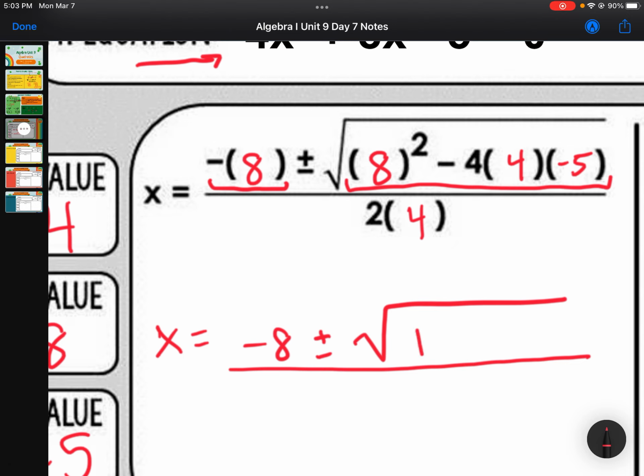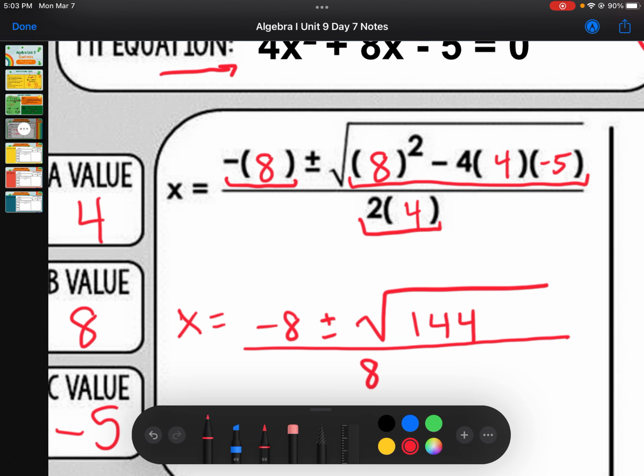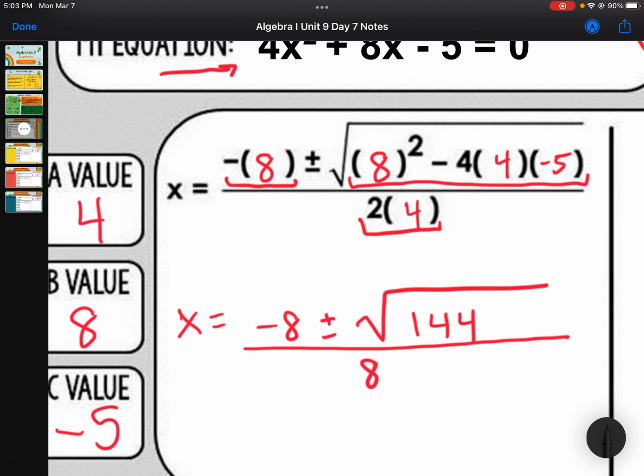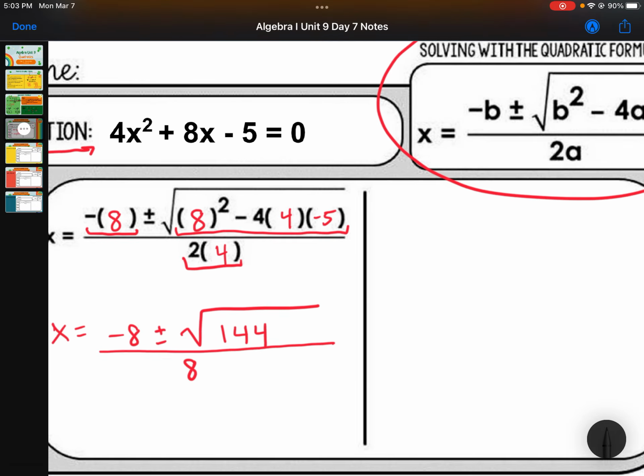You should get 144. And the denominator, 2 times 4 is 8. Now you might think like, oh, I have an 8 on bottom and on top. I can just simplify those both. You cannot. They do not reduce like that.